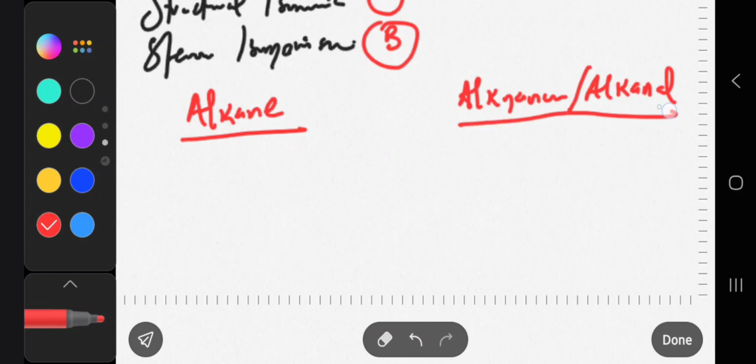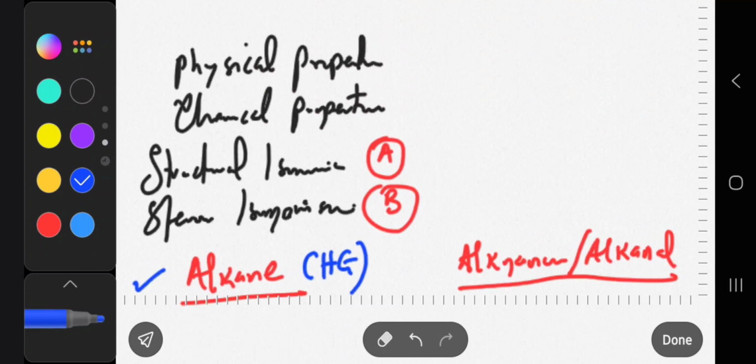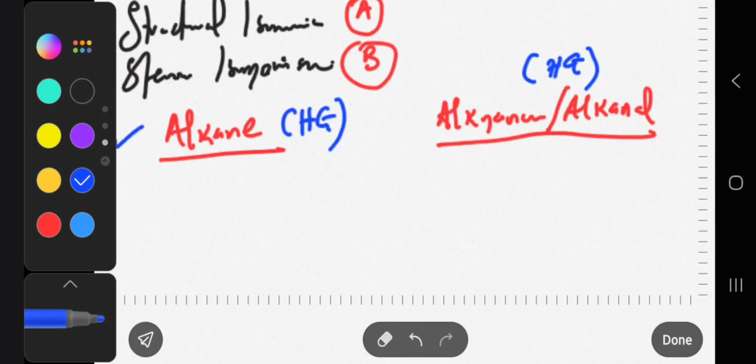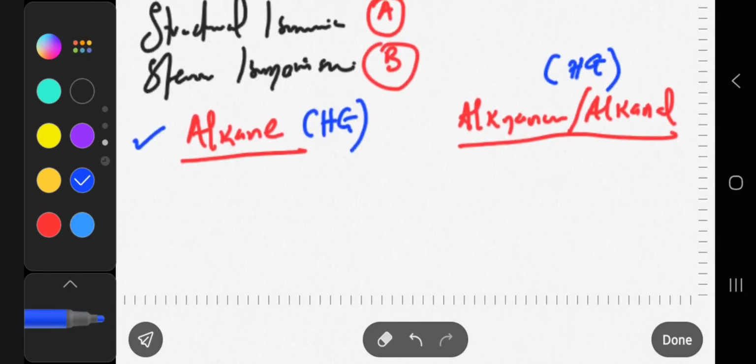So you see, structural isomerism can occur when two members in a particular homologous series, that is alkane, exhibit structural isomerism. Then other members from different homologous series can also exhibit structural isomerism. Now I will use an example so that you understand better what I mean.